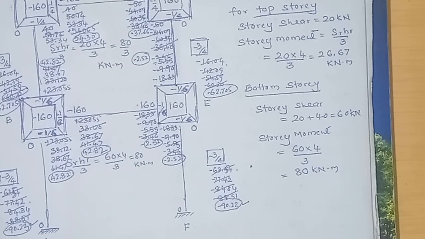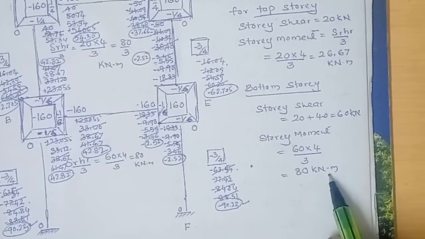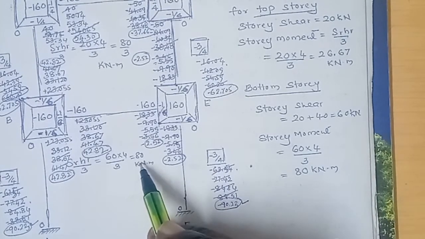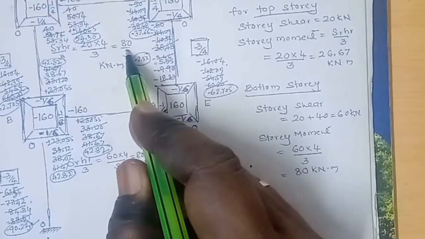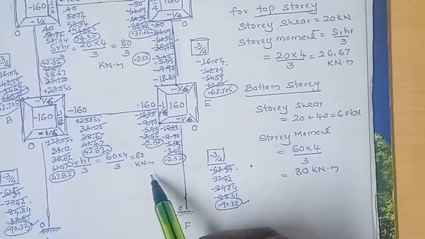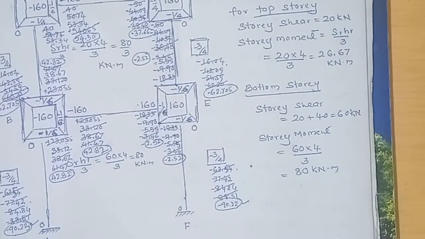Then the story moment equals 60 into height of the story, 4 meter, divided by 3, that is 80 kilonewton meter. That we have to write here. This is for the first story, and this is for the top story, that is 80 by 3.